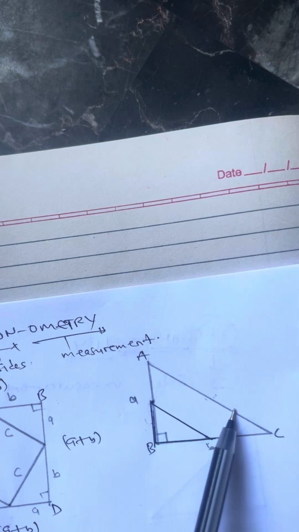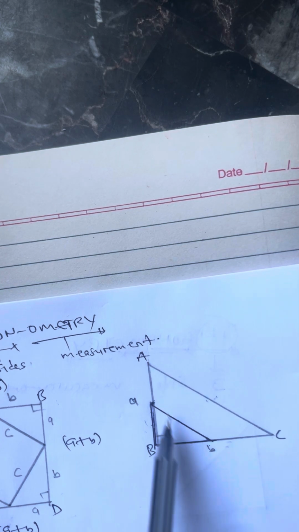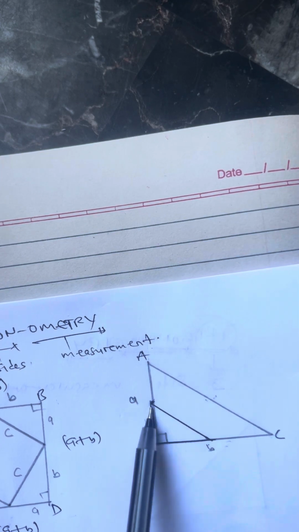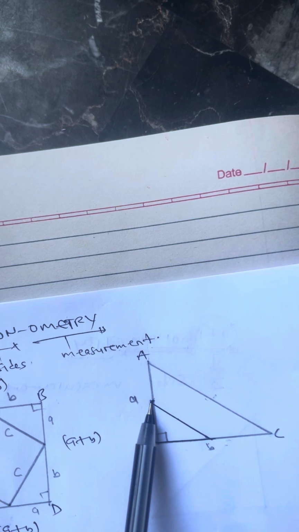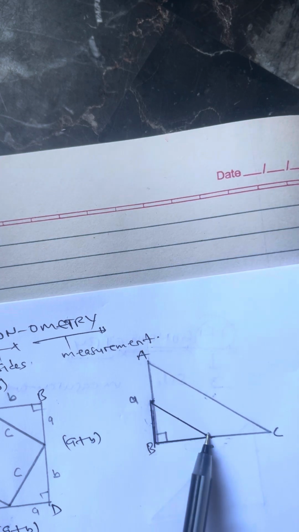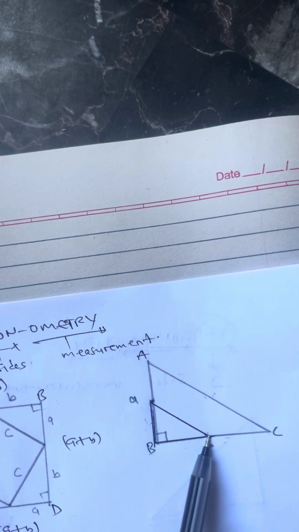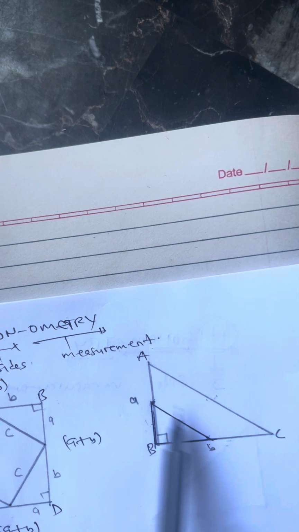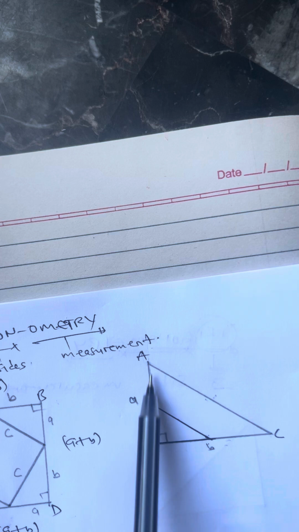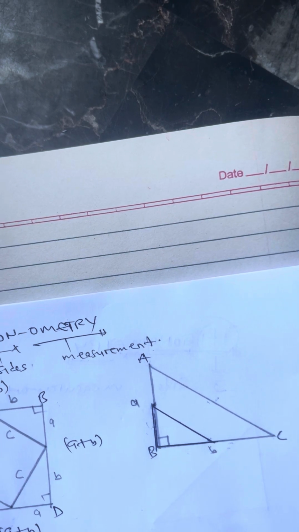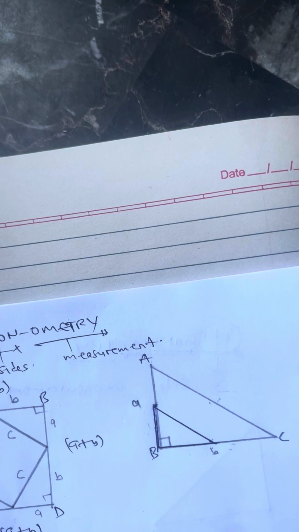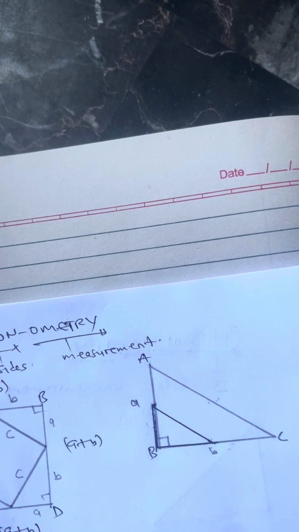If it is short, and you join these two ends, you get the length of the remaining side. If it goes longer, and you join the two ends, you get the length of the remaining side. To prove this, there is a mathematical relationship.